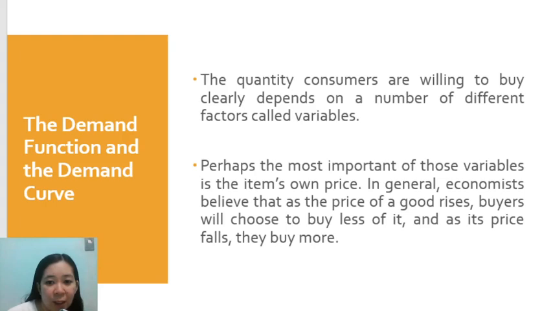And of course, this is one of the most important considerations that they include in their decision to buy. So in general, economists believe that as the price of the good rises, buyers will choose to buy less. And as the price falls, they will buy more. So this is actually the application of our law of supply and demand.